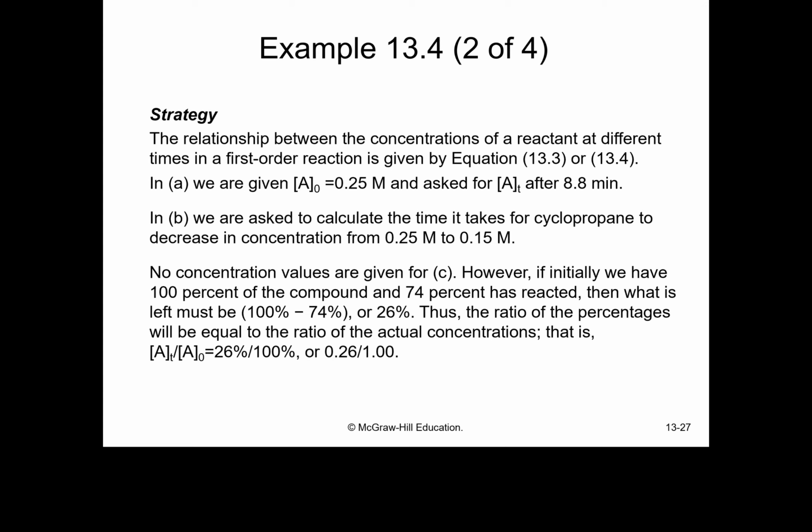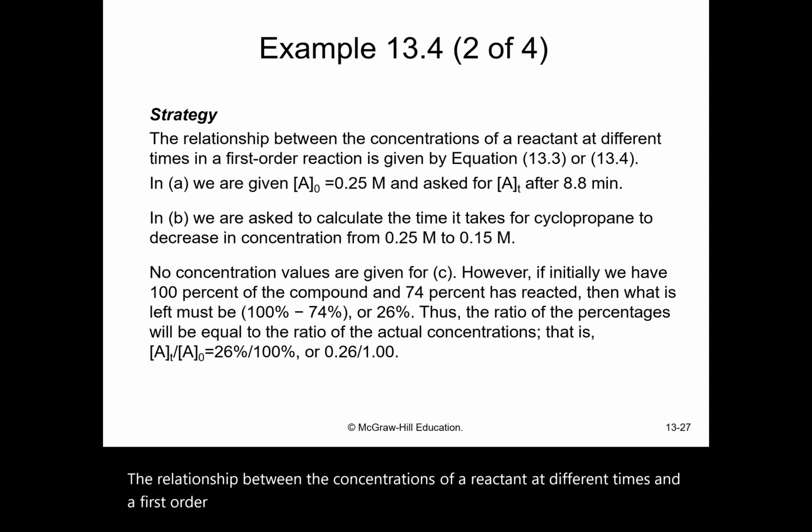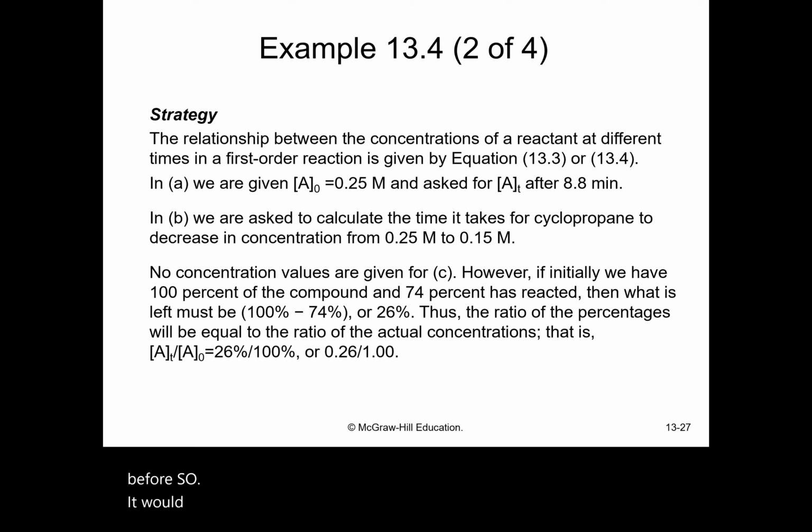So the relationship between the concentrations of a reactant at different times in a first order reaction is given by the equations that I just went over in the 2 slides before. So the concentration of A sub 0 is equal to 0.25 moles, and that is at time 0, and the concentration of A sub t would be at 8.8 minutes.